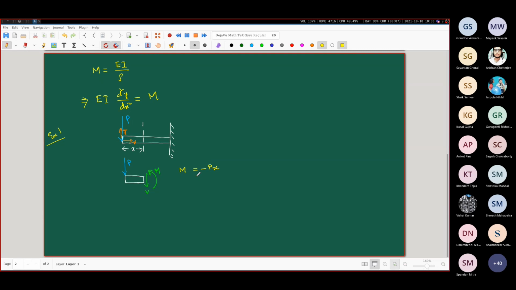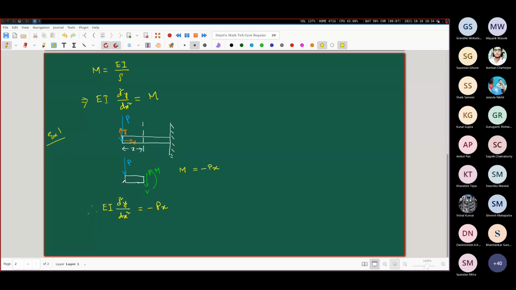So what we are going to do is substitute this expression of M equal to minus Px back here. Now you see, for this particular example, our Young's modulus is a constant all along the beam.